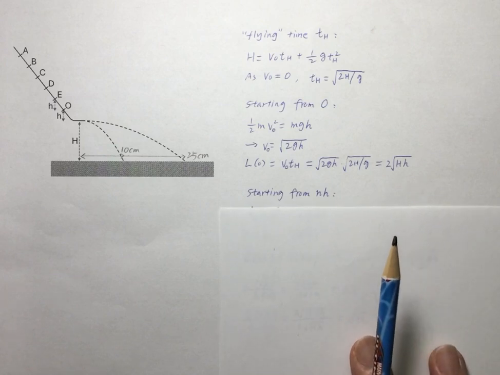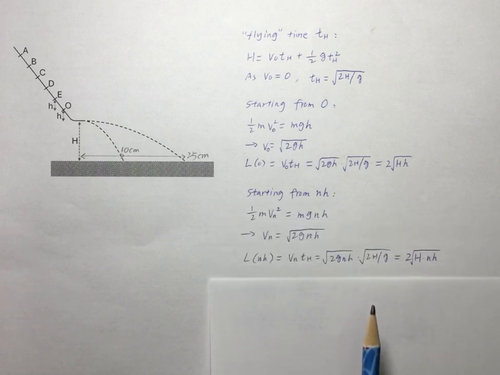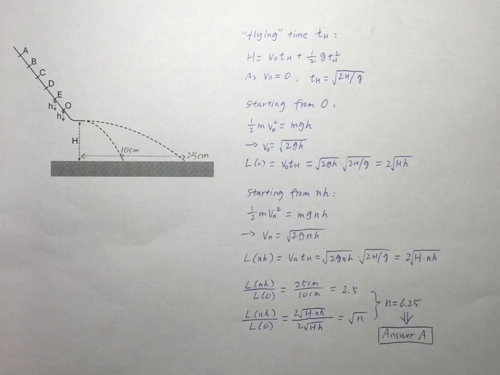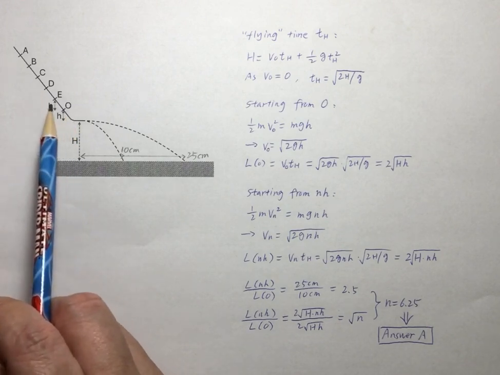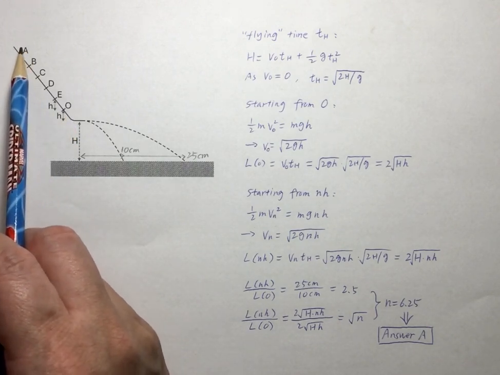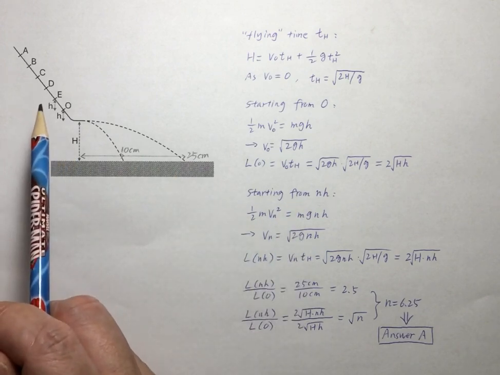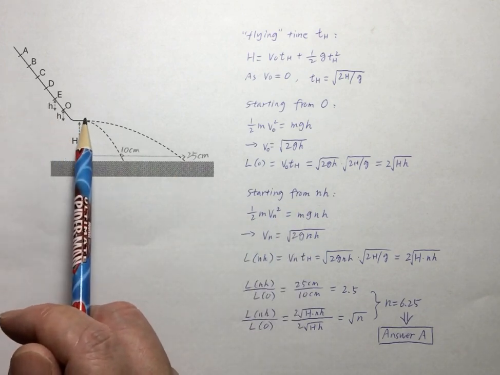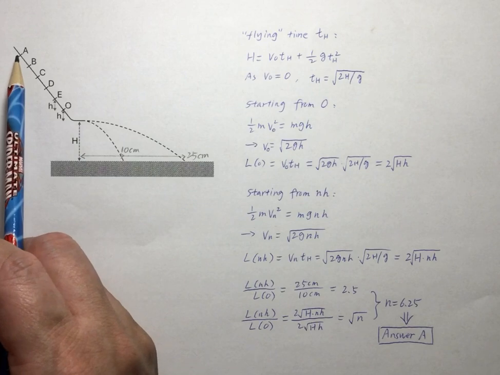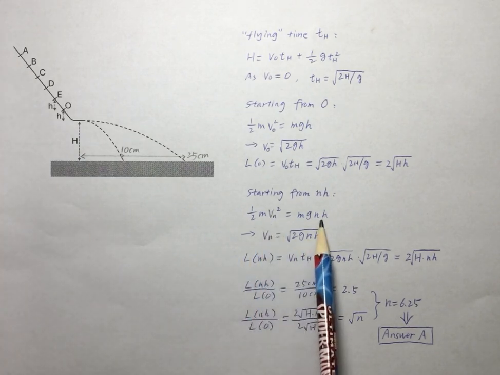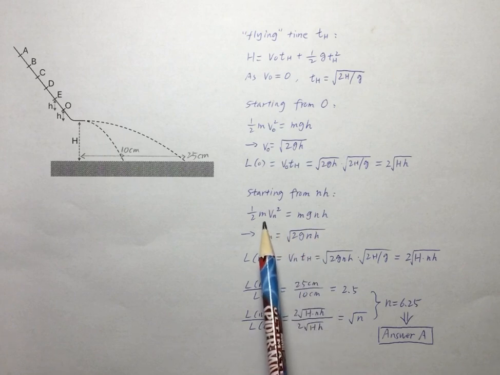Now we consider a second case, where the ball will start from Nh. Nh means the vertical distance from here to the starting point is Nh. So again, the potential energy converts to kinetic energy.